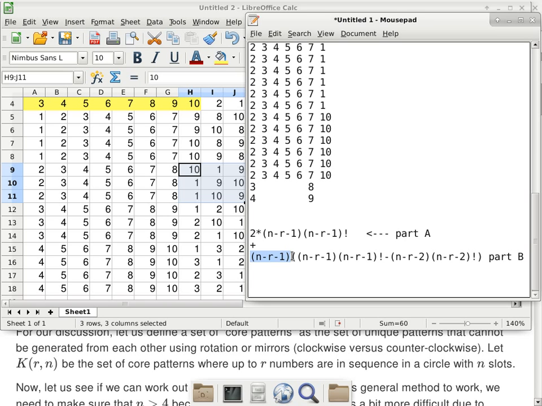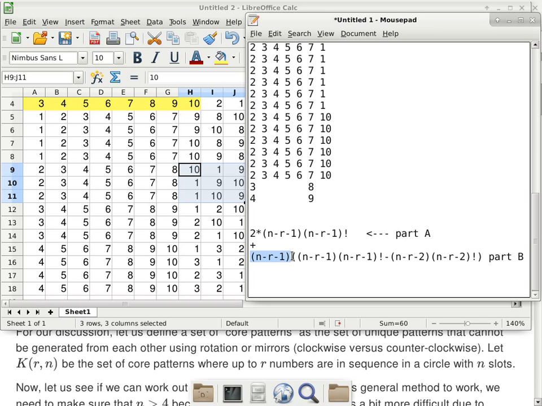Well, the first number can start with a 2, can start with a 3, and so on. And I think the last number it can start with is n minus r. Let's see, n minus r plus 1. Yeah, plus 1.